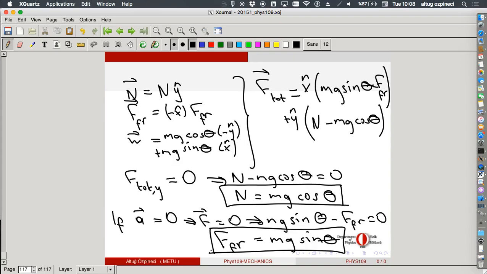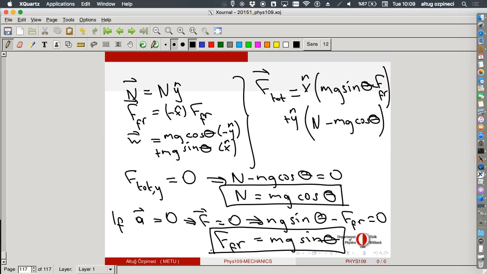So we can determine that value of theta. You see, this is the friction force, mg sine theta. When theta is equal to 0, it is 0. There is no friction force. When the inclined plane is horizontal, there won't be any static friction force. It's not necessary to keep it from sliding.